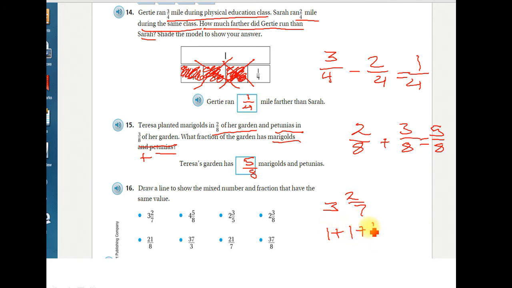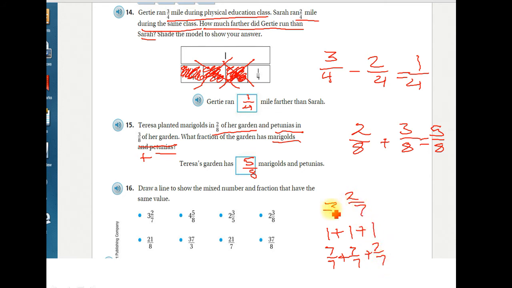And then I want to rewrite each one of these ones as a fraction with a denominator of 7, because I want to keep the denominator the same. What is a fraction that equals 1 whole that has a denominator of 7? Well, just like we've talked about in other videos, 7/7 would be 1 whole. So I'm going to change that 1 to 7/7, this 1 to 7/7, and this 1 to 7/7.